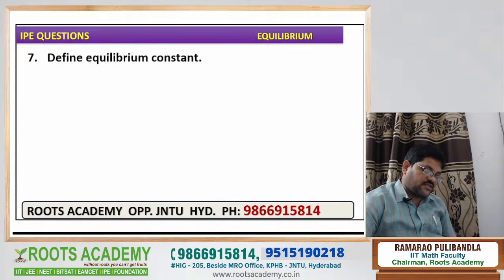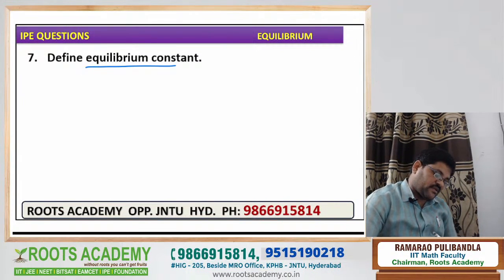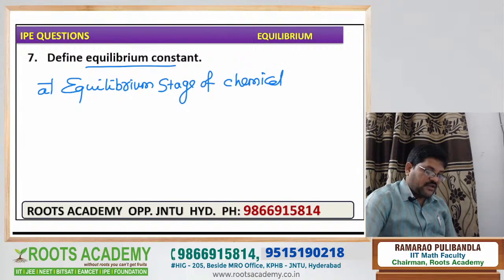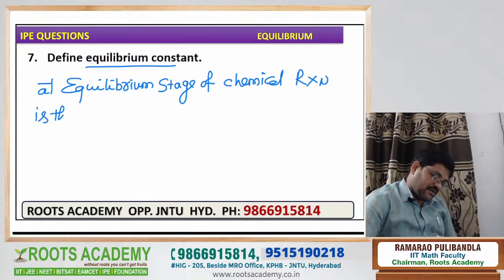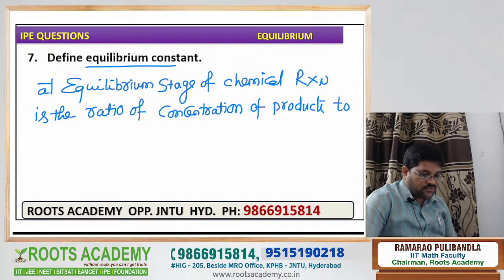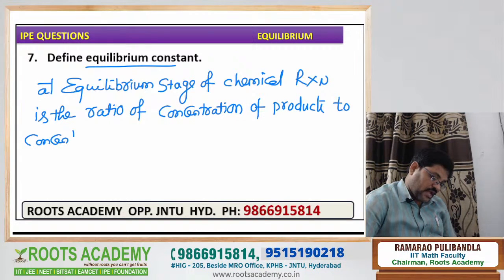And see next one. What is the definition of equilibrium constant? Simple statement, a simple IPE 2 marks question. At the equilibrium stage of a chemical reaction, it is the ratio of the concentration of products to the concentration of the reactants.